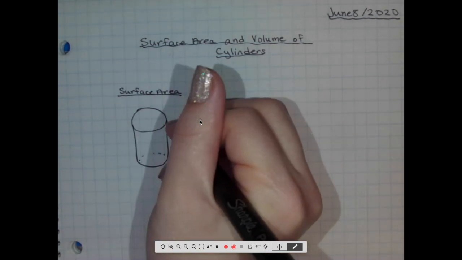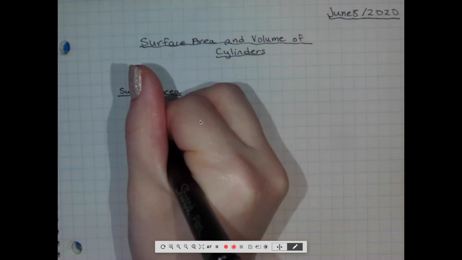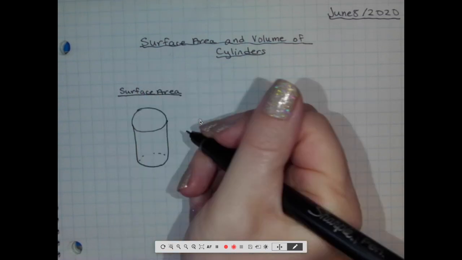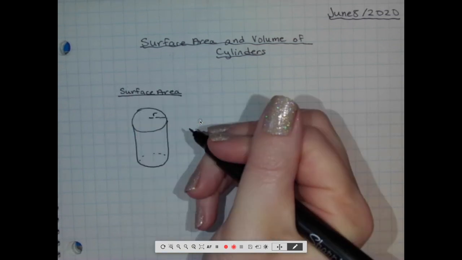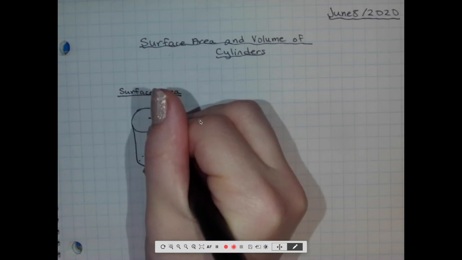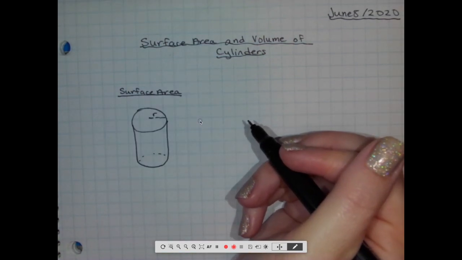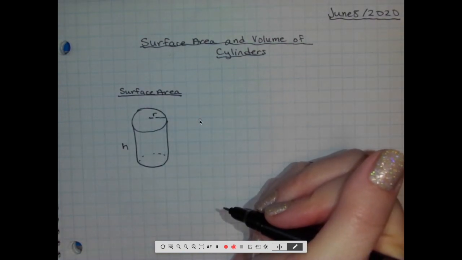And generally when you're given a cylinder, you will be given two dimensions. You'll often be given the radius, which is half the distance across the circle, and you'll be given the height of the cylinder.